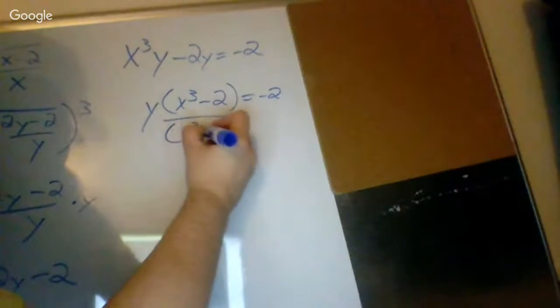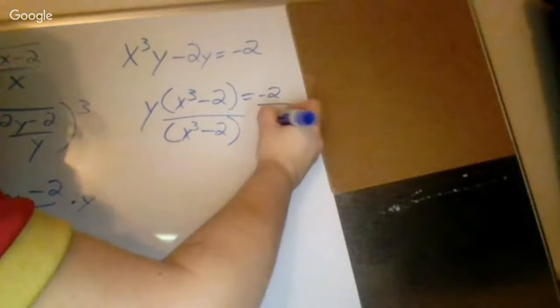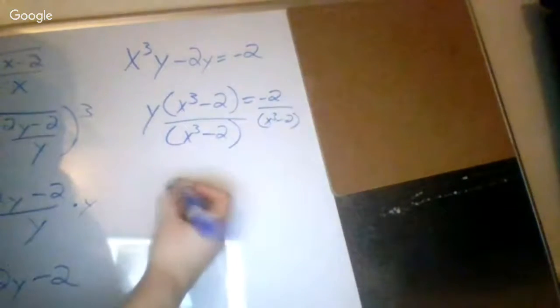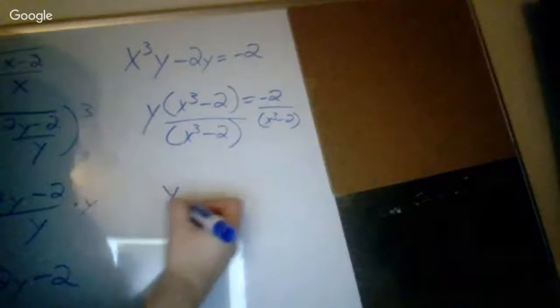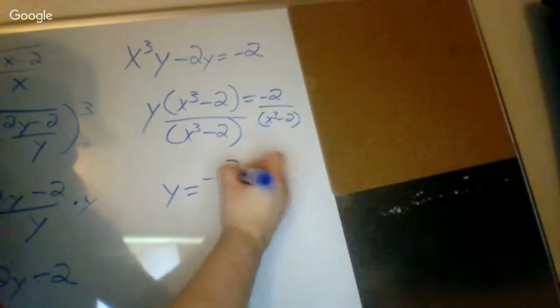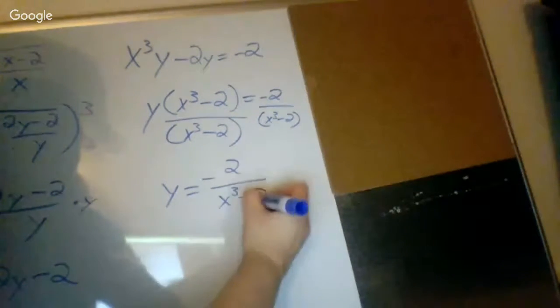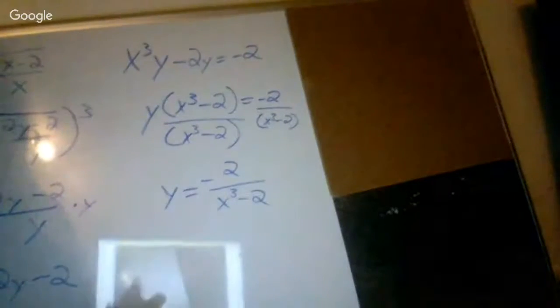So then we divide both sides by x cubed minus 2. And then we get y by itself equals minus 2 over x cubed minus 2.